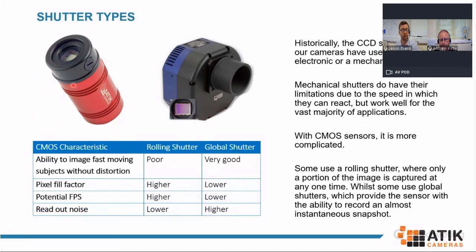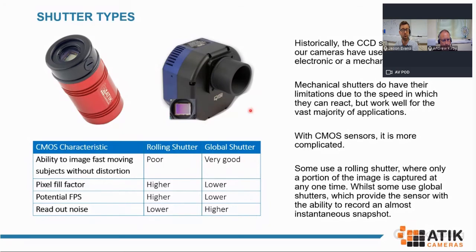Simply put, it's controlled via the software, and each pixel can effectively start or stop simultaneously. So it will take a full image using the whole sensor, and then it'll stop the exposure and transfer those charges through. Mechanical shutters are more likely to be used with full frame sensors.